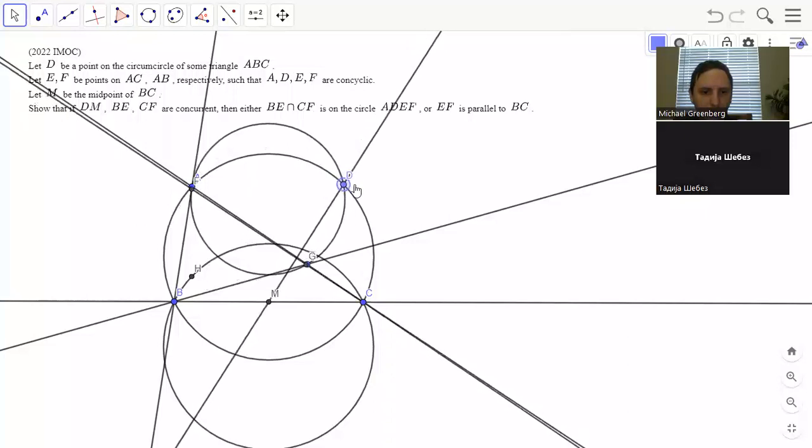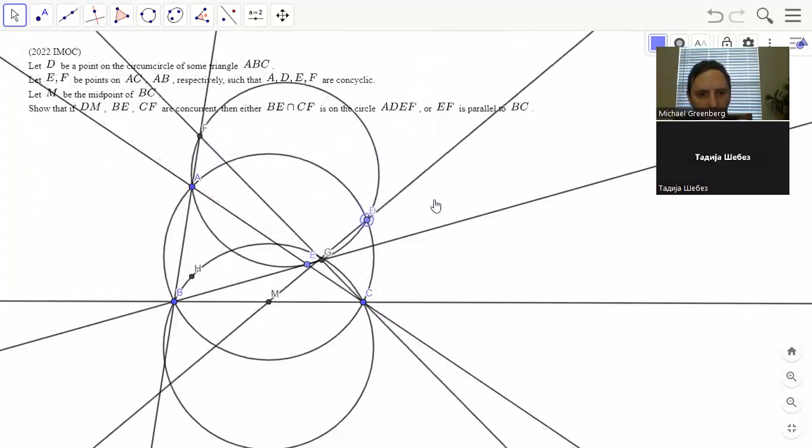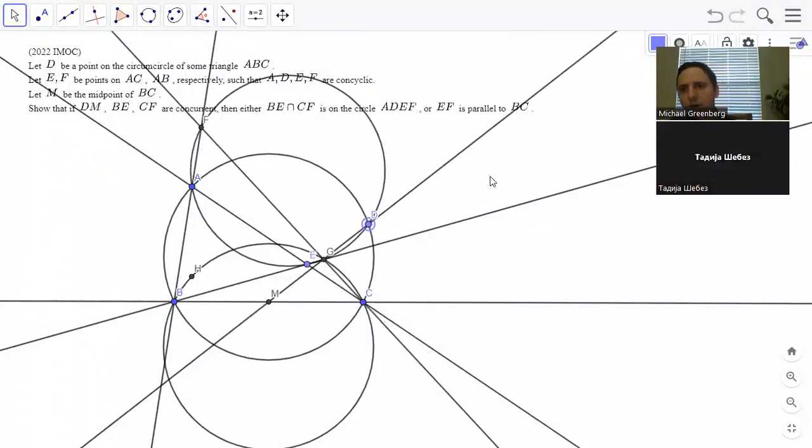Otherwise, you have this. So yeah, it's just kind of like two degenerate cases, right? It's kind of weird. Yeah, let's first look at this situation.